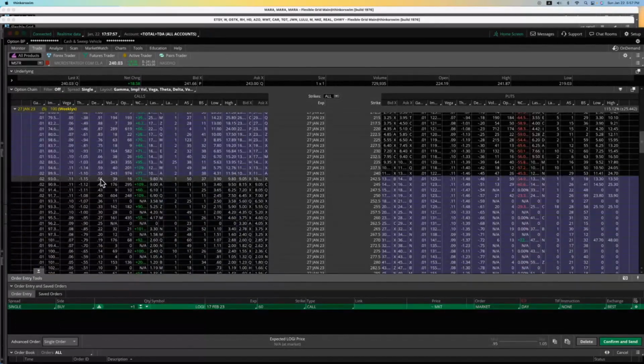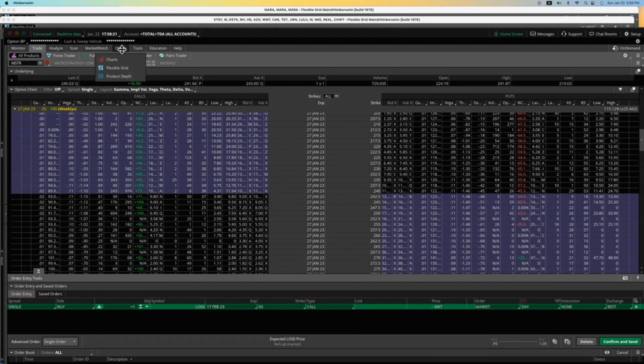So 50 delta is right here. From here, you add the 25, so it could go to like 267.50, right? Like right here, where the 20 delta is. So you could aim for like 265, I would say, for this week. If it starts going up, or if it just pulls back, keep that area in mind, as well as the recent pullback, which was like 225, right?